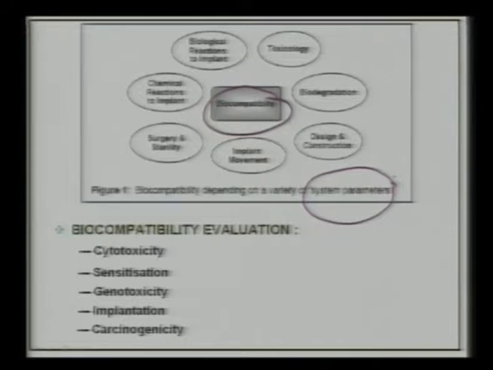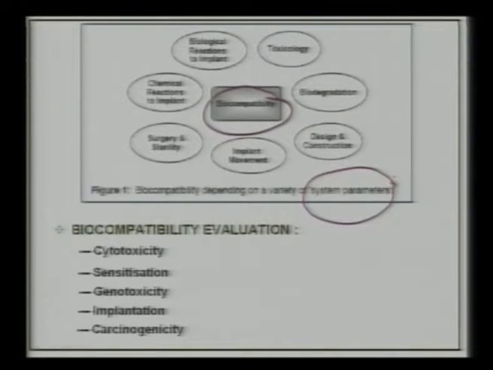Now again, for in vivo applications, if a material is found to be biocompatible in the rat model or rabbit model, that may not necessarily guarantee that the same material will be successful in human experiments, because the in vivo conditions in the rat or rabbit are quite different from those inside the human being.